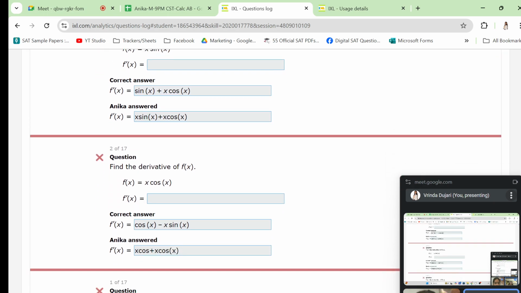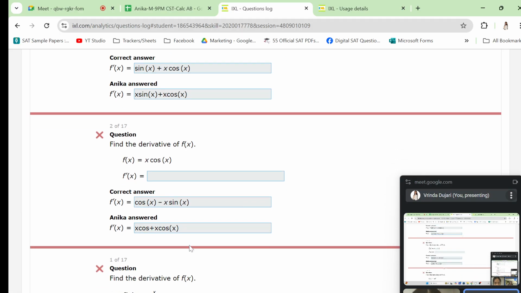No, but these types of mistakes happen when we are learning differentiation for the first time. But the more you practice, because you know what mistakes you're making, it's not like you don't understand this at all. You understand this and you know what mistakes you're making. So it's just about the amount of practice.